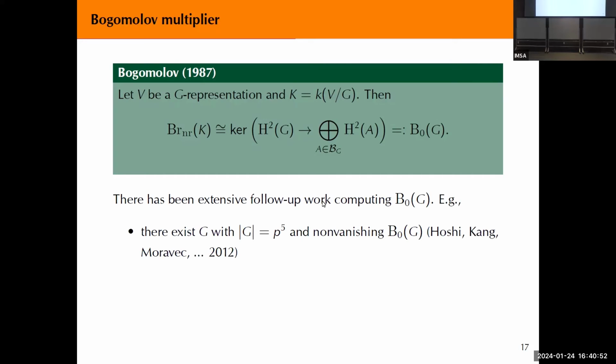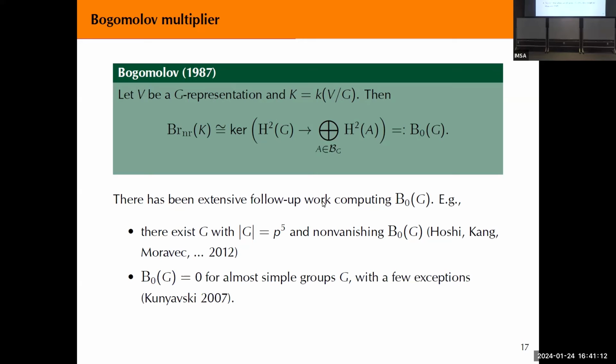There is a lot of follow-up work computing B0 of G. There are, for example, groups of order p to the 5 or p to the 6, like 3 to the 5 or 2 to the 6, with non-vanishing B0 of G, and again, many, many papers. And there is also a general result that if you look at things like Sn or An, almost simple groups, then with very few explicit exceptions, maybe like 5 exceptions or something, B0 of G is 0.